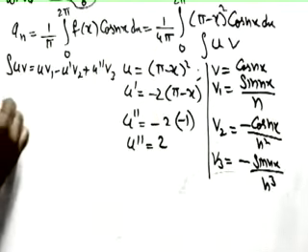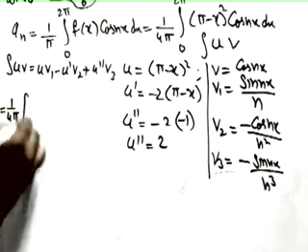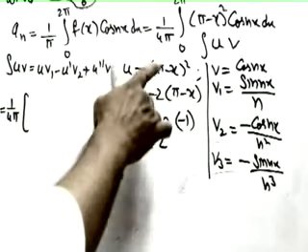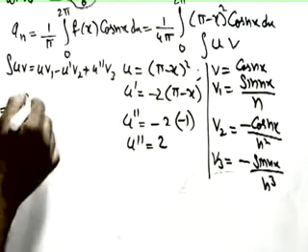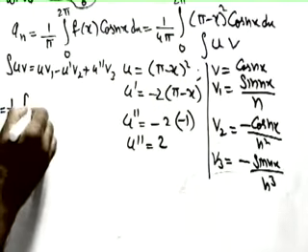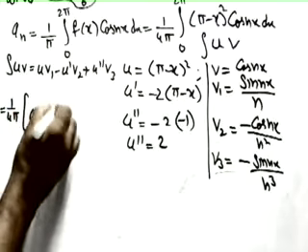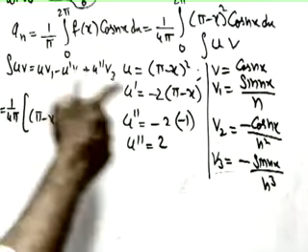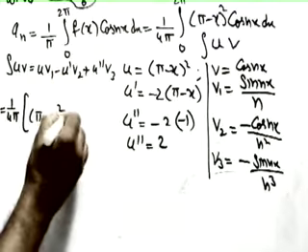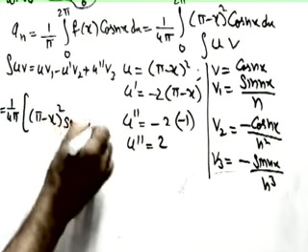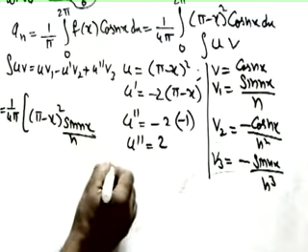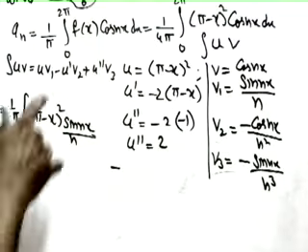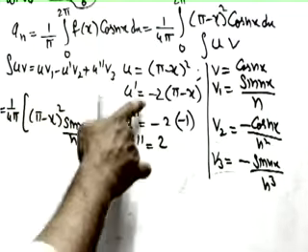So let me substitute this here. We are having 1 by 4 pi into. Now we have to use this formula. What is the formula? u v1. We are having u as pi minus x square, u into v1. What is v1 here? Sine nx by n. Minus, I'm writing here minus u dash.